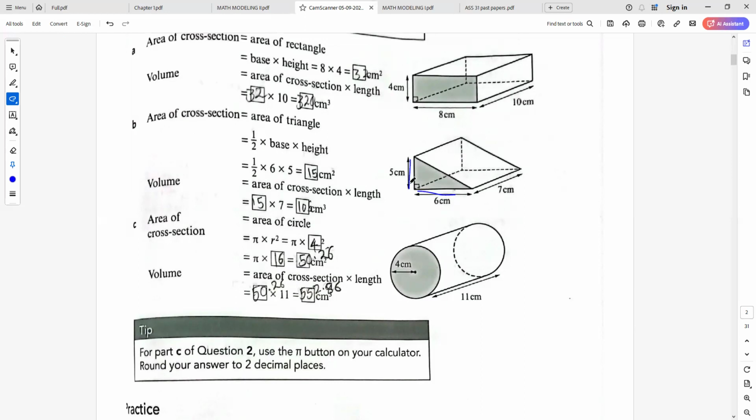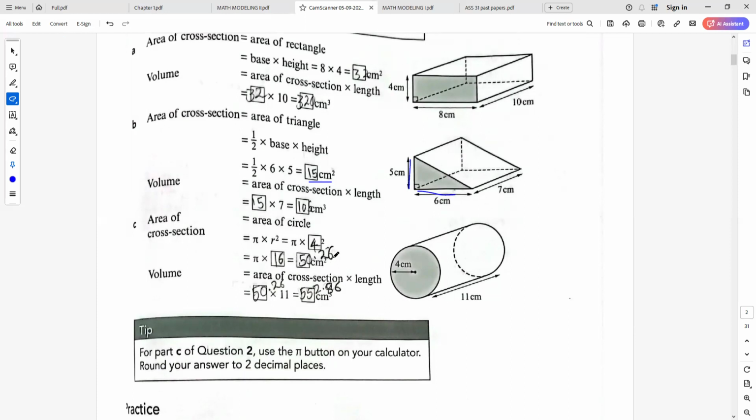That they should be perpendicular to each other, right? Then that is 15 centimeters square, right? Then volume is equal to area of cross section into length. Then here also they have given, right? Without giving the cross-sectional area of the circle directly, they have given the radius so that you can find out the cross-sectional area of this circle, that is pi r square.